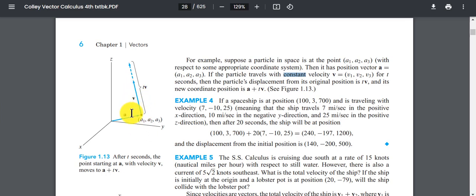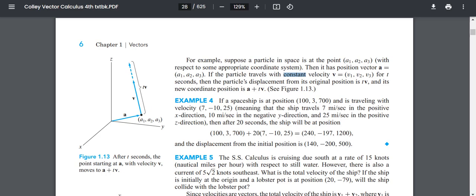But since it has a speed or a magnitude and a direction, that sort of reminds us of a vector. So maybe we can use a vector to indicate its speed and its direction. And yeah, of course we can, because that's exactly what a vector does. It indicates a magnitude and a direction. What we'll mean by the magnitude in this case is the speed.